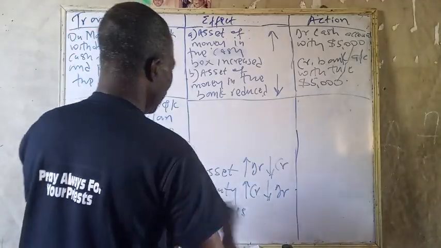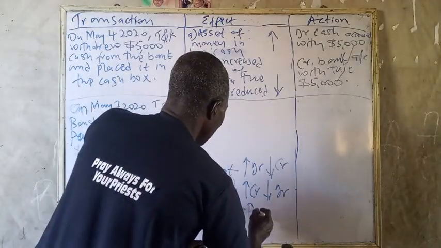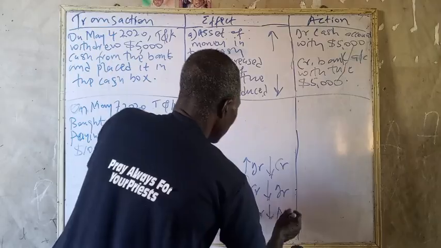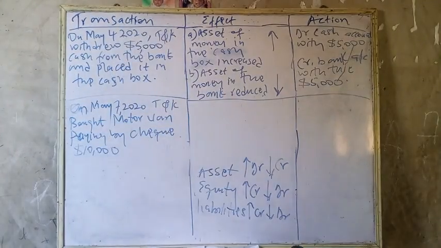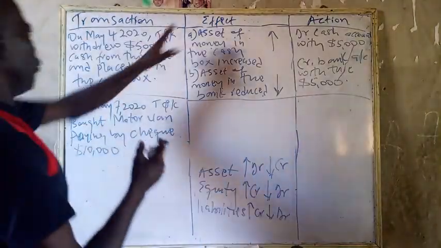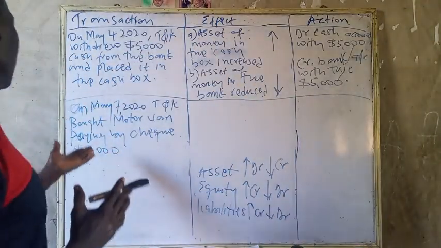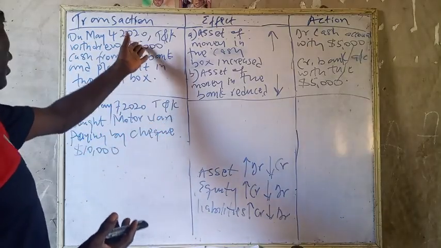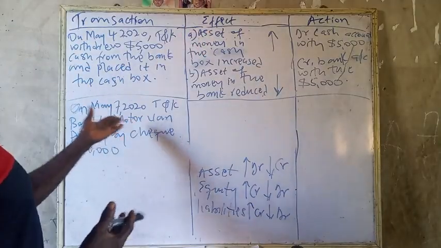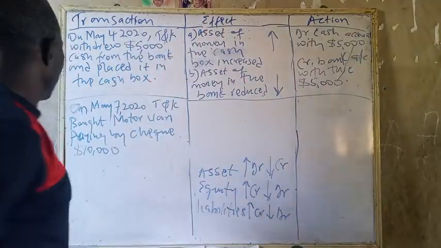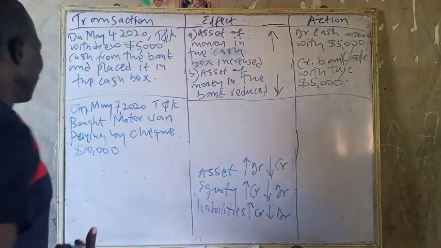Equity decrease, you debit. Liability increase, you credit. Liability decrease, you debit. Right? So let me show you the effect now. What is the first effect? T and K bought a motor van. That's the transaction. What is now the effect? The effect is that the asset of motor van has increased. Paid by check.